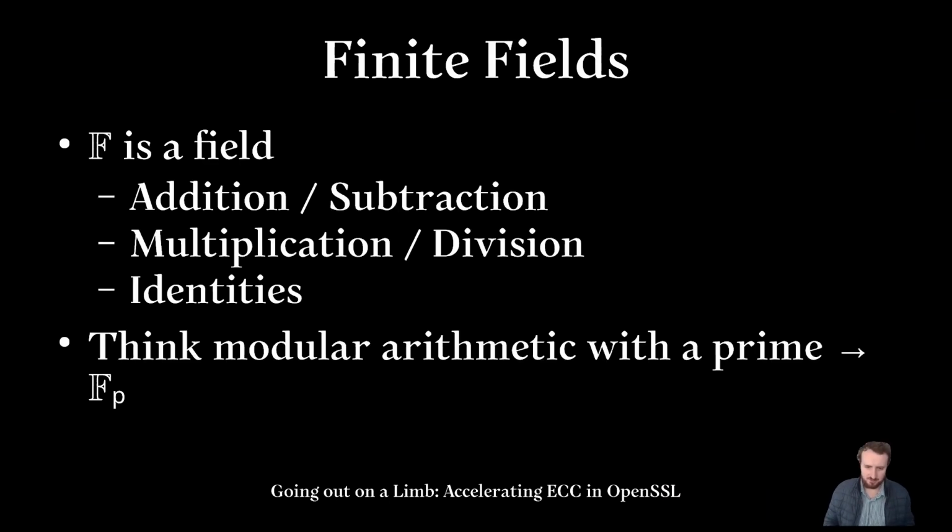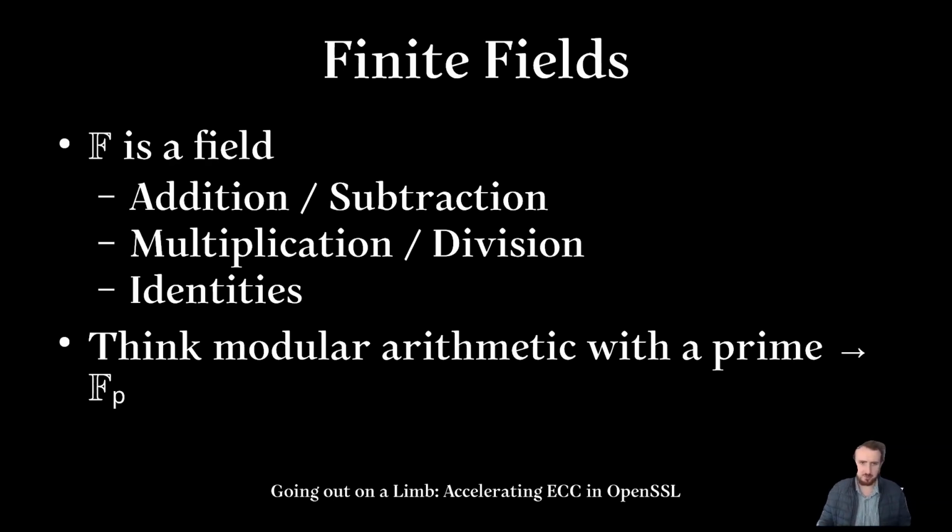What actually is a field, though? A field is a sort of algebraic structure. The elements of that field are these number-like things, so I'll call them field elements. Critically, you can think of a field as a mathematical construct which has all the algebraic properties of the reals.